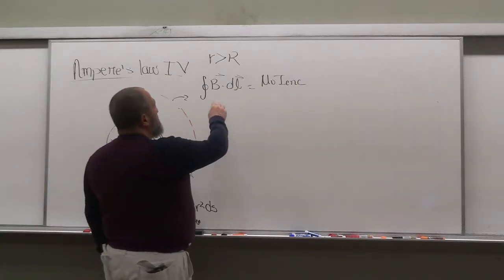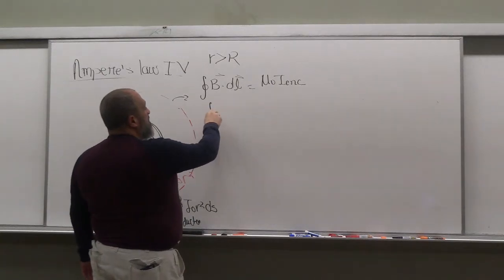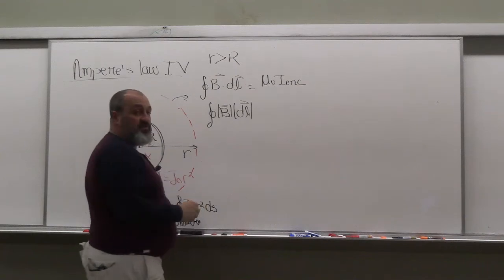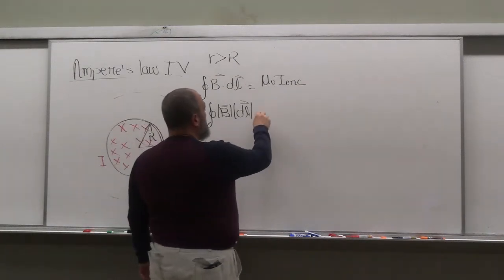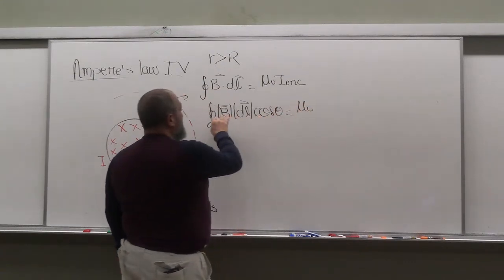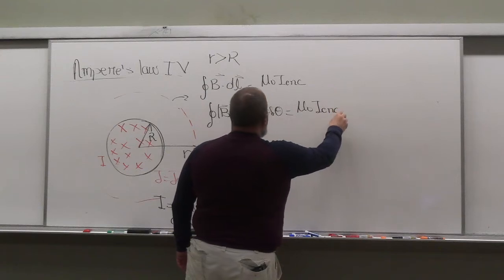So now this is the integral of B dot dl equal to mu naught I enclosed. There's nothing wrong with you writing this out even now still, despite the fact that you've done it a few times. Nothing wrong with keeping the discipline of writing this out as a detailed expression of a dot product. This is equal to mu naught I enclosed.